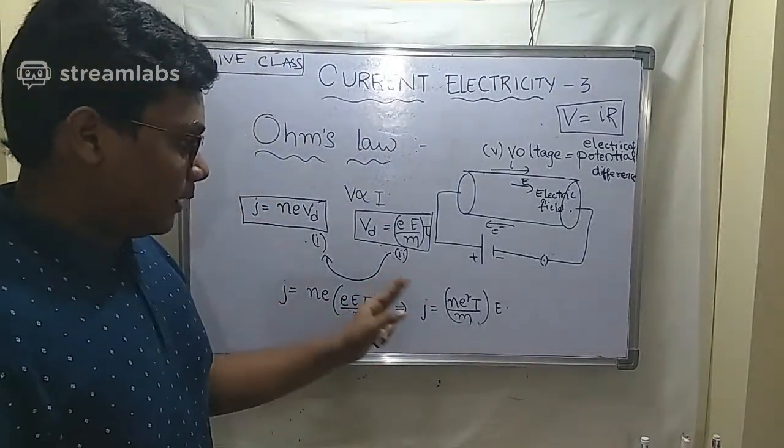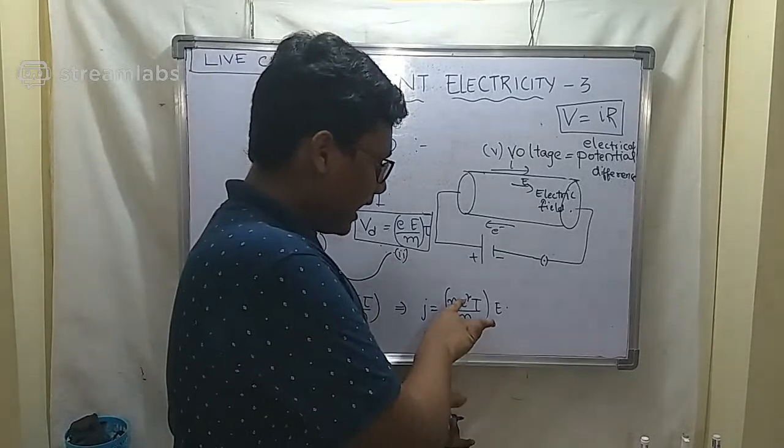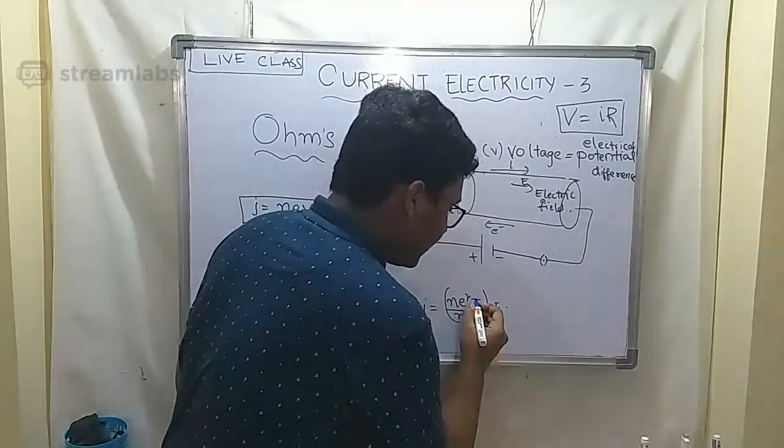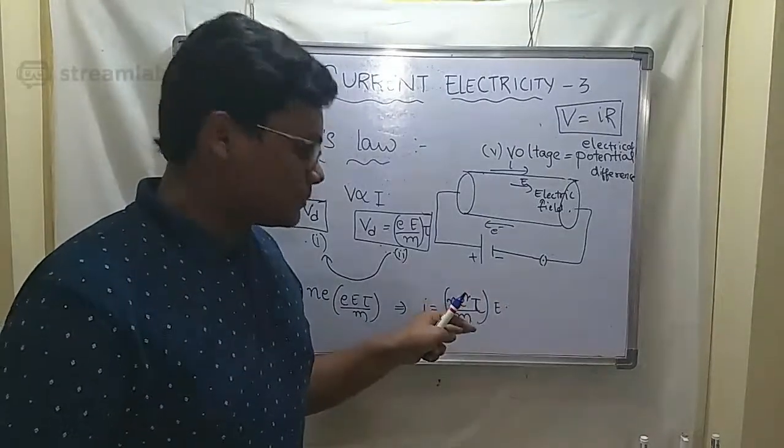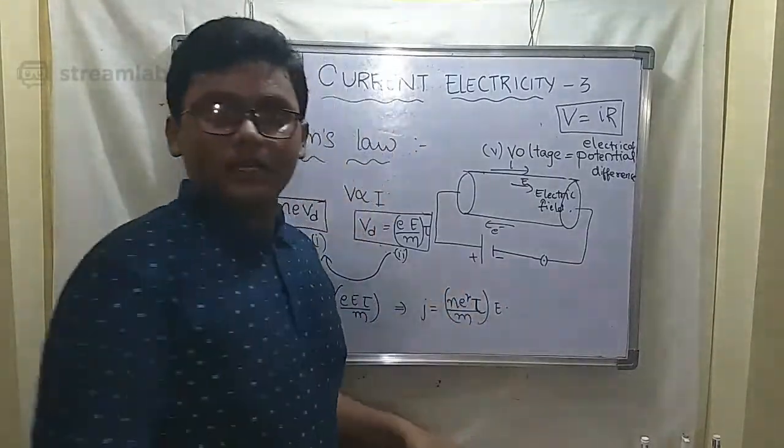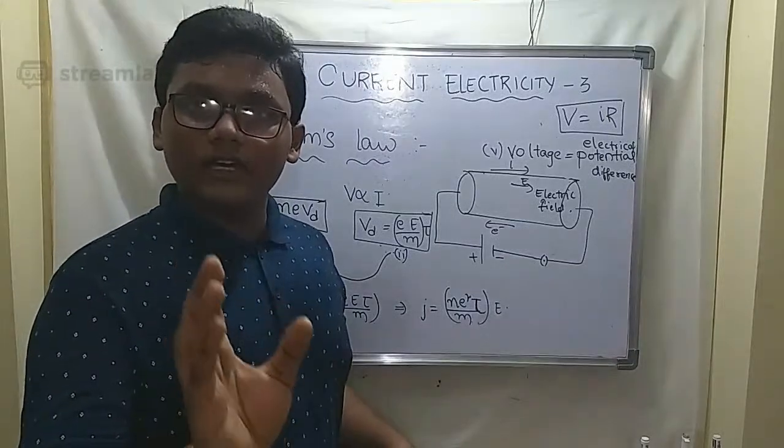Now coming to our derivation, J is equal to Ne square tau by m into E. Why did I take this? Because N is a constant for the material.